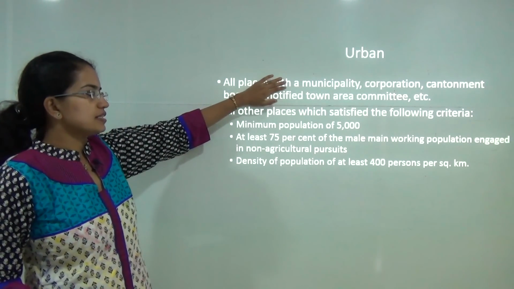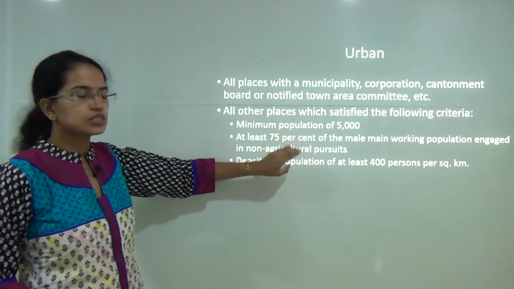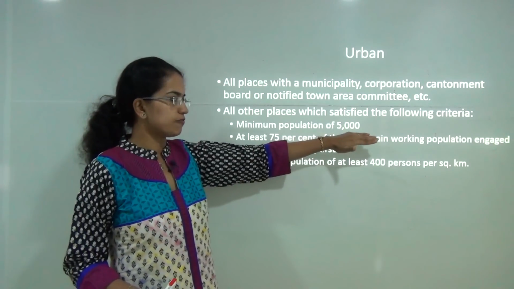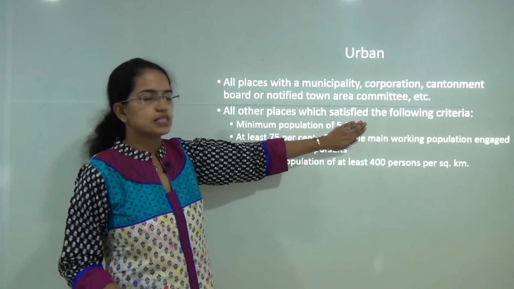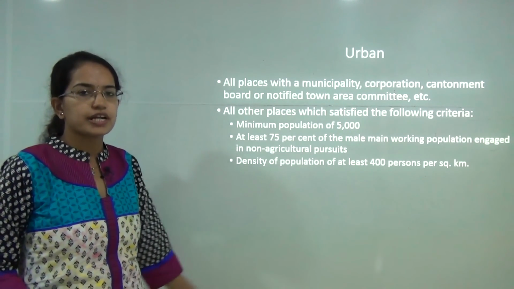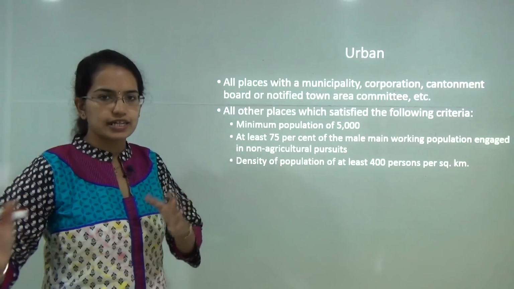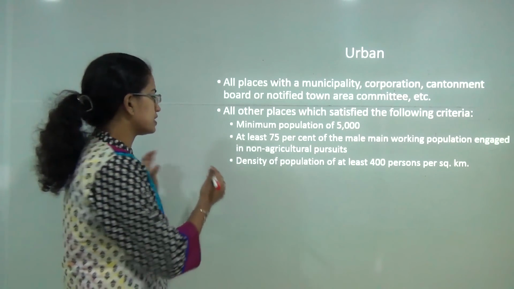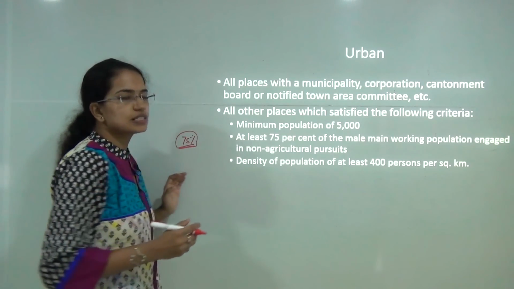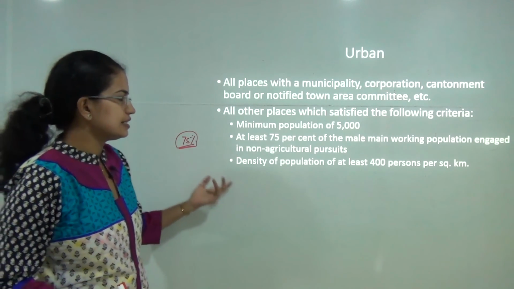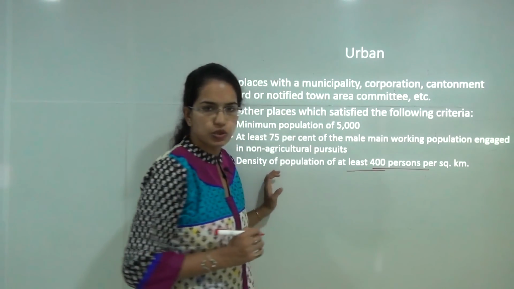All the other places which satisfy the following criteria are governed by these 3 rules: a minimum population of 5,000 people. Of this, 75% of the male population must be employed in non-agricultural activities. If 75% of the population is in agriculture, it is a rural area. And the density of the population should be at least 400 persons per square kilometer.